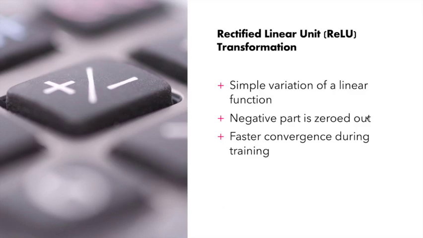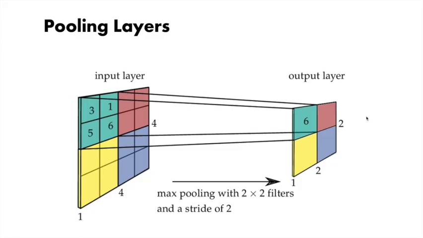And one final layer that we're going to discuss is the pooling layer. A pooling layer combines multiple inputs into a single output. As the convolutional filter moves across an image, it generates an output for every neighborhood under its lens.